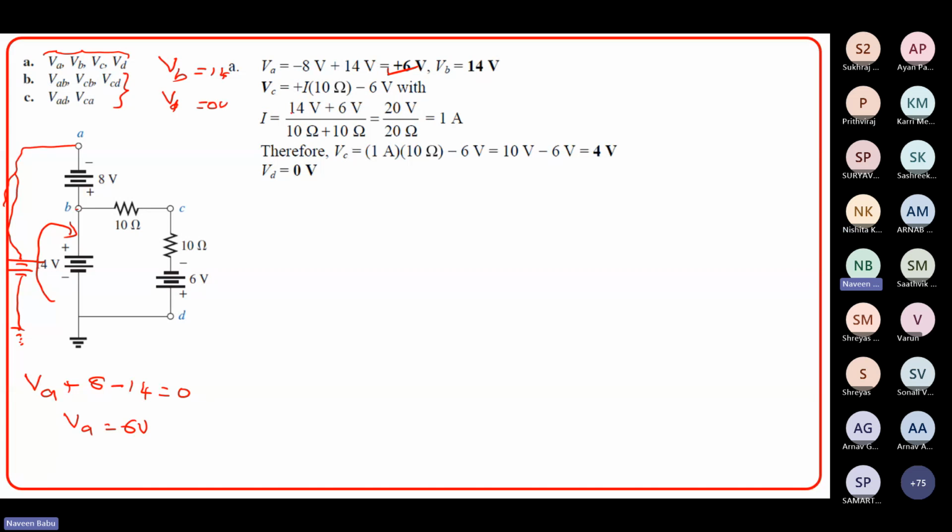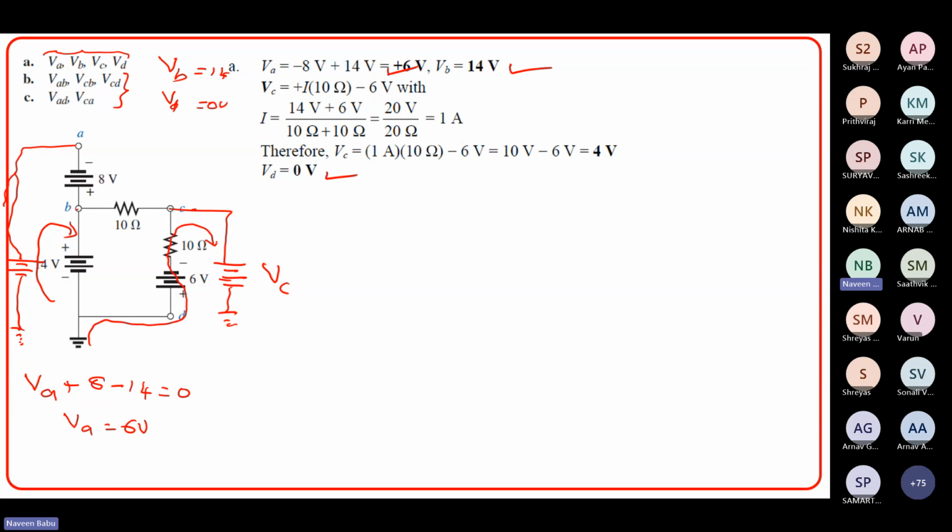VC, we didn't find out VC. VB is 14, we found out, and VD is 0 volts. Now we need to find out VC. I can travel like this, putting a battery like this, and this voltage is VC. I will have to apply KVL along this loop.